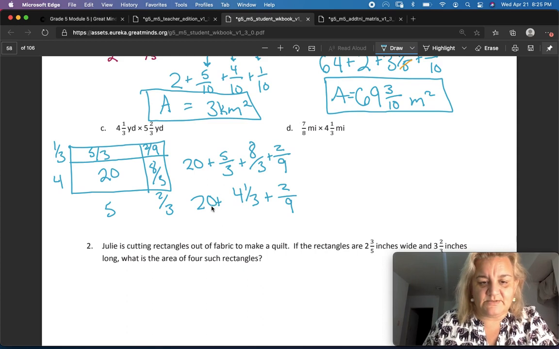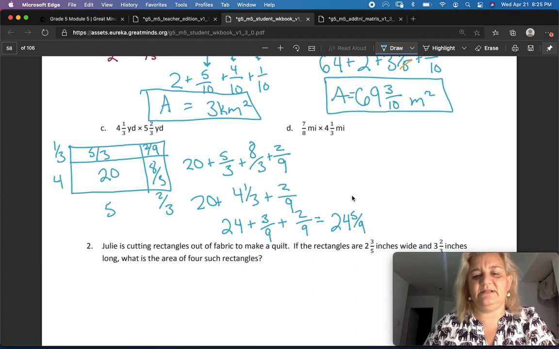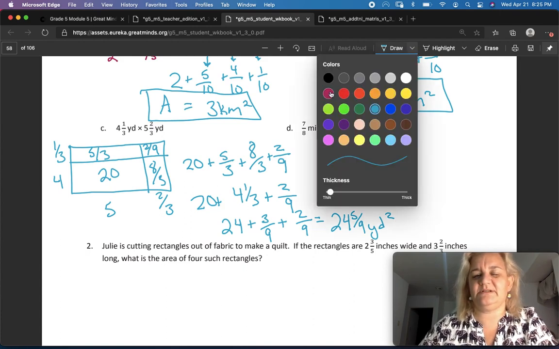Good. So 24 plus 1/3 plus 2/9. And I'm going to change this to 3/9 so that we all have the same common denominator. And that's going to equal 24 5/9. And my unit is yards squared.